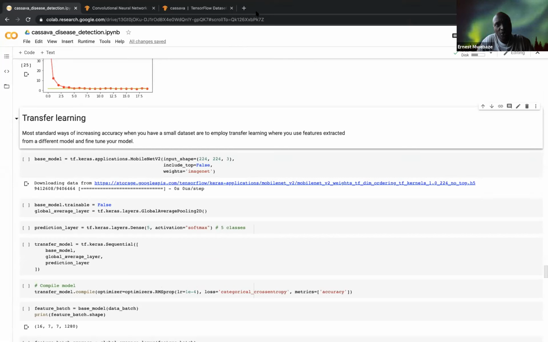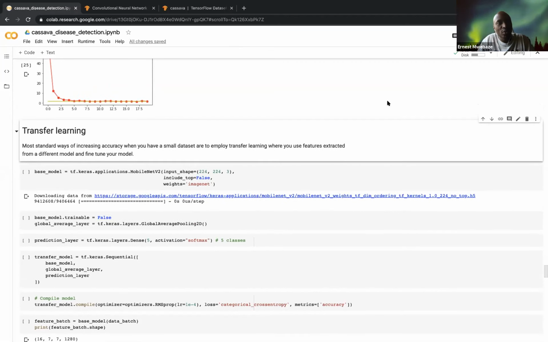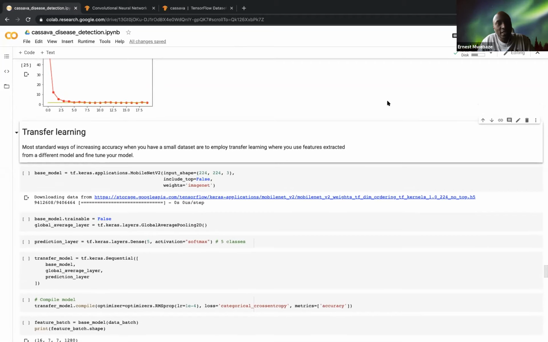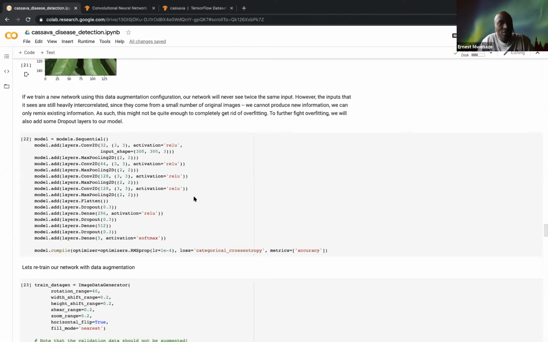So the problem we've been trying to solve in some way has been the data problem in this case. We're switching the data, increasing it by augmenting the images. But we did nothing about the model or the architecture that we're using. We came up with this architecture here, which is generally a random architecture.